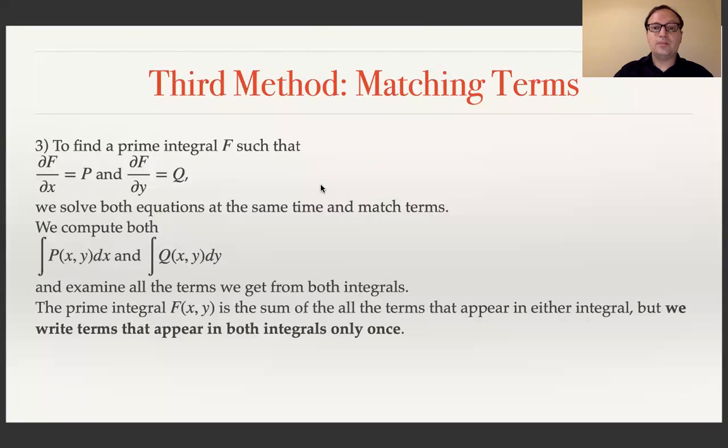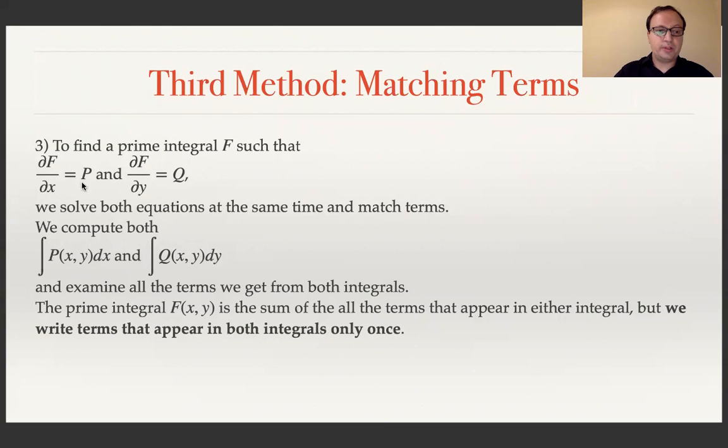Finally, this is the third method, and I don't recommend using it unless you know what you're doing, because even though it's much easier, you could make mistakes in the computation. So again, we want to find the prime integral f by solving the system of equations.